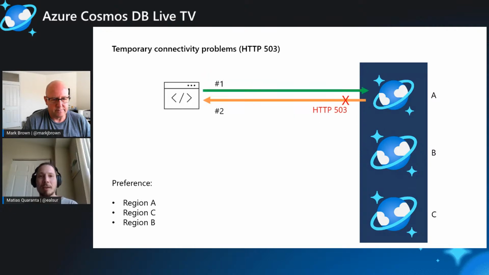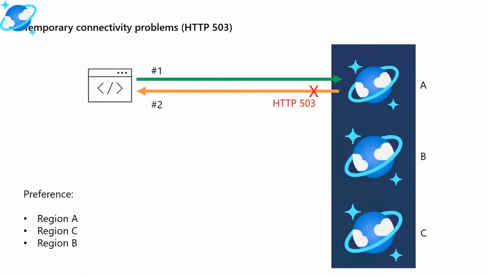Yeah. And finally, there are the 503s, which are temporary connectivity problems. Like you mentioned before, 503s mean TCP connectivity issues, too many timeouts, cannot connect. So we surface a 503. Now, let's say I did the write on operation 1, and I try to do the read and it fails with a 503.